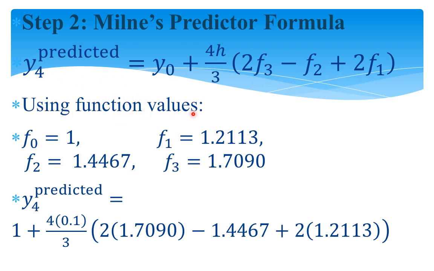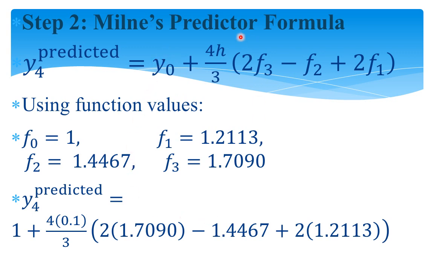Using function values f0 equals 1, f1 and f2 values, and then by the same process we find f3. y4 predicted equals 1 plus 4, the value of h is 0.1, divided by 3. You know what the value of y0 is? y0 equals 1.